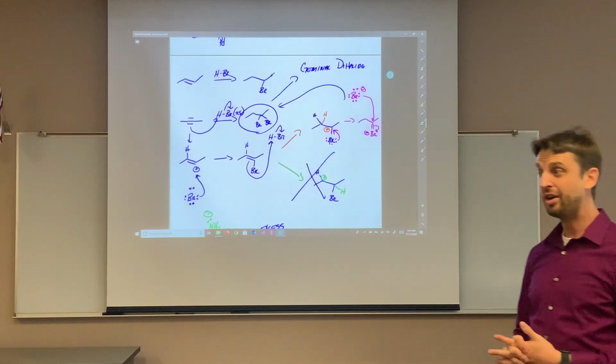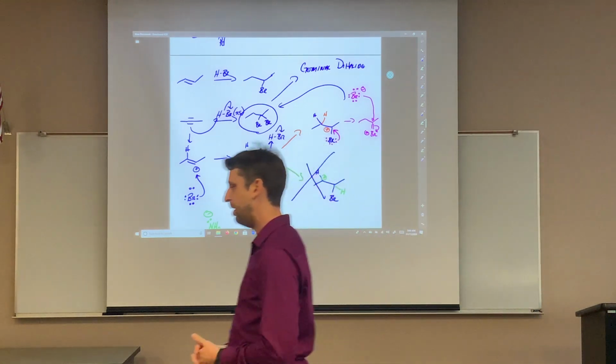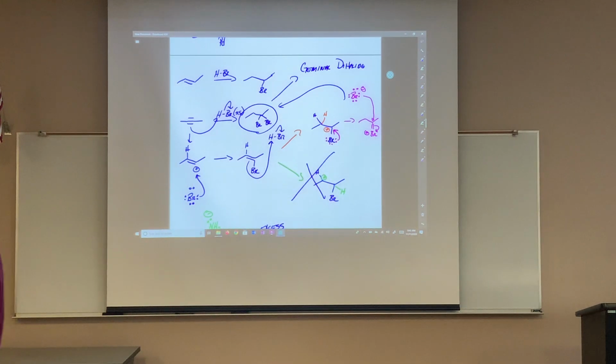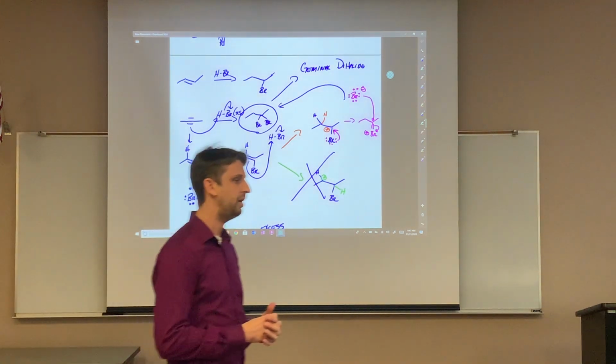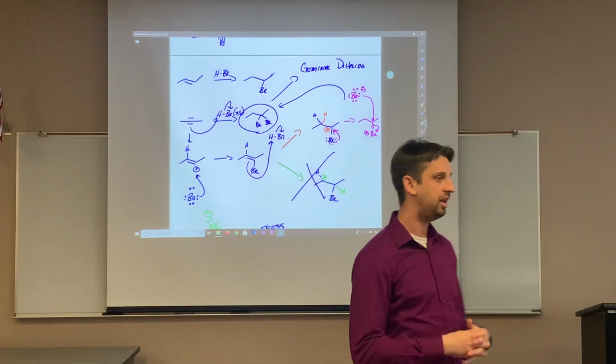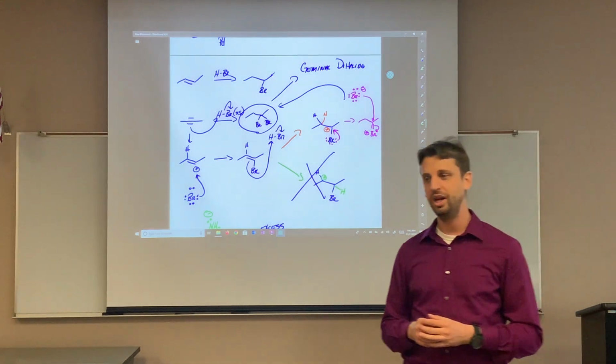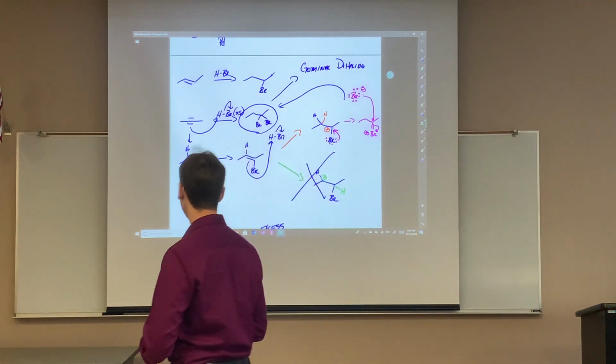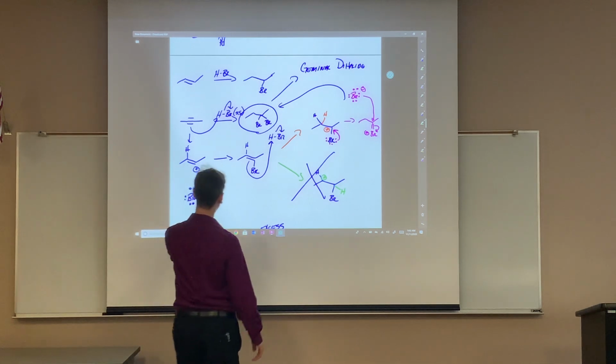That's one of the rare cases where we can generate a geminal dihalide. There's really no other way that we've learned about so far of constructing that. So if you see a geminal dihalide, you know it had to come from an alkyne to begin with.